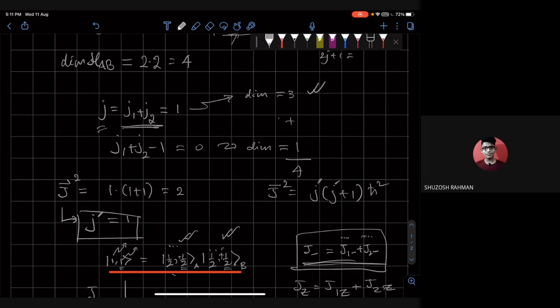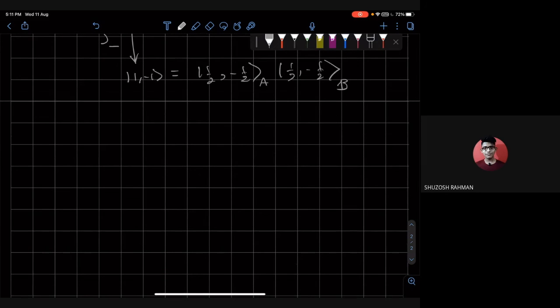So let's draw a figure. And in the figure, we said that, okay, this is going to be the highest weight state. And as we apply the J minus operator, this axis is going to be the Jz value.